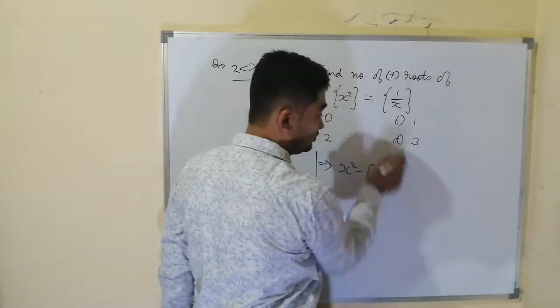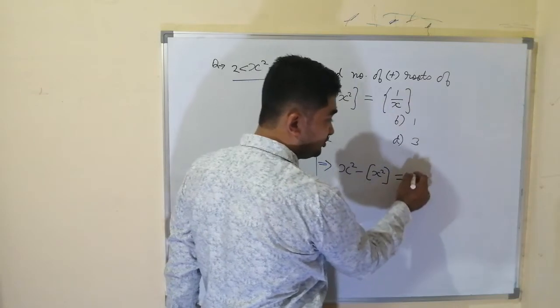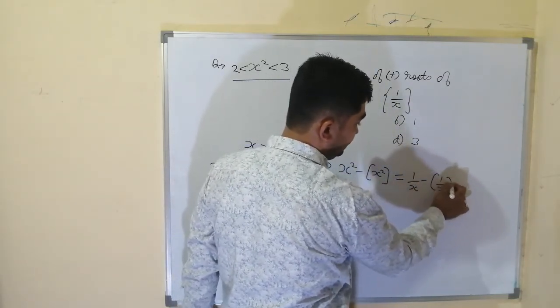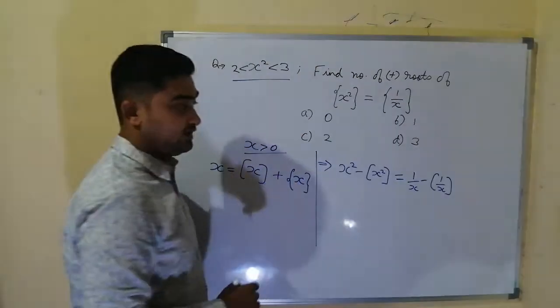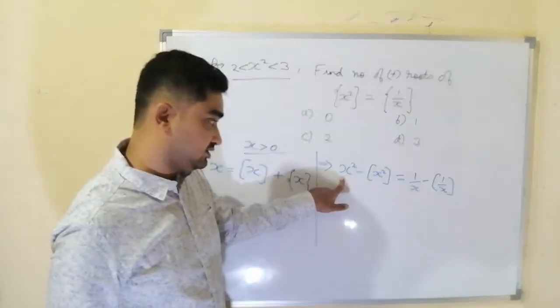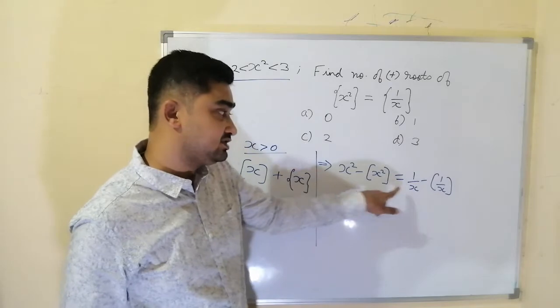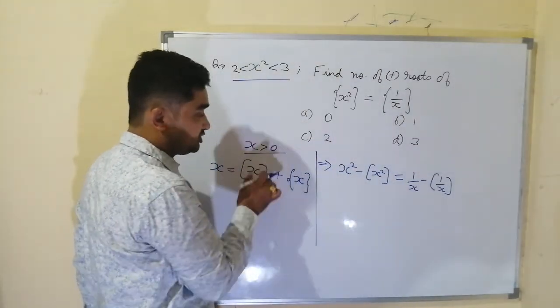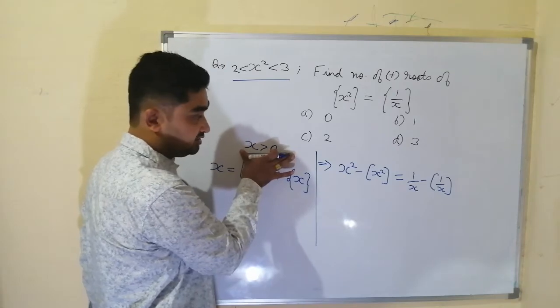So fractional part of any real number is equal to the real number itself minus its integral part. Now, since we have to find the positive roots, we have already assumed x is greater than 0.